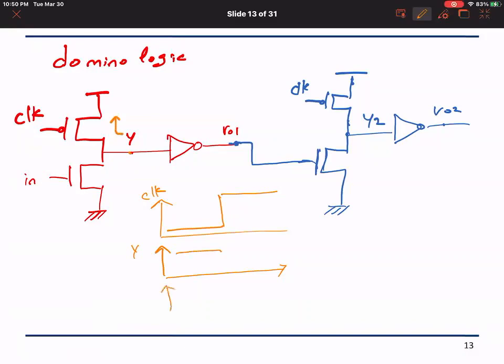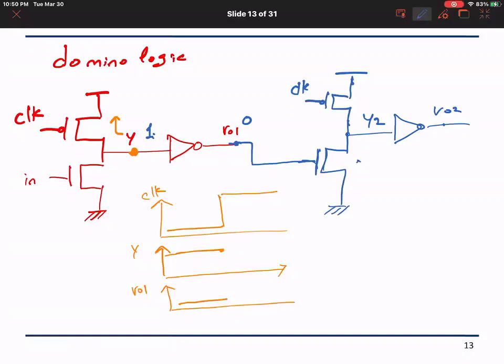Okay, and accordingly, node VO1 is going to start as low, and it is the inverse of Y. Okay, so now what we notice, since this is a 1 and this is a 0, this means that it will not turn on the NMOS when the clock is low.